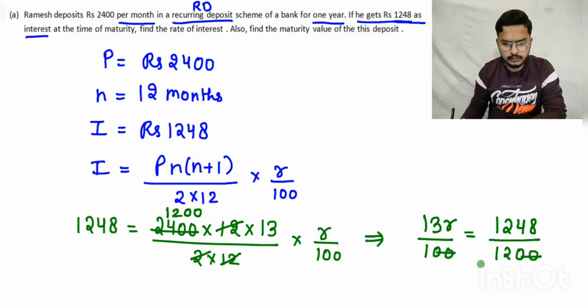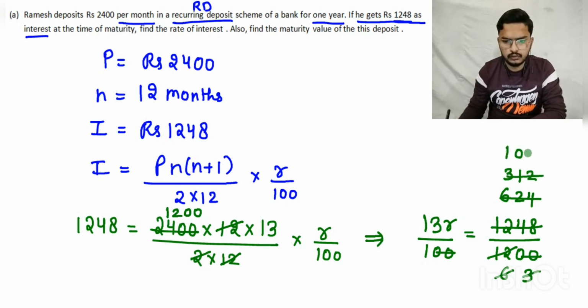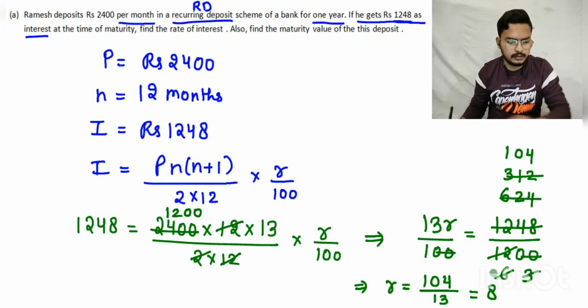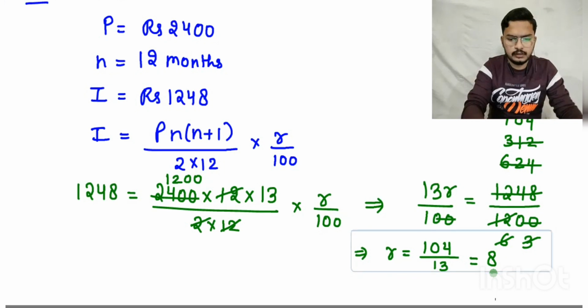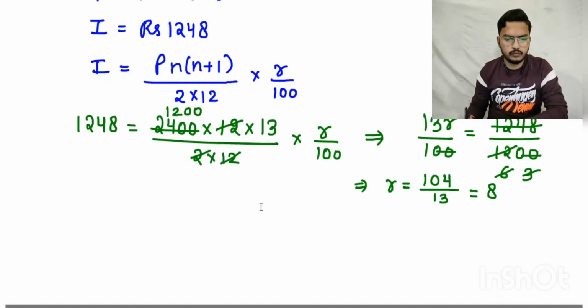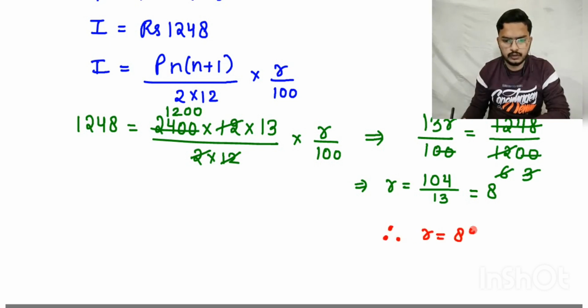This double zero cancels this double zero, just cancel this by 2, 2 6, 2 6 2 4, then again 2 3, that is 3 1 2, and again cancel this 3 1 0, and that is 4. So this is exactly R is equals to 104 divided by 13. When you divide this by 13 you will get 8. So this is exactly the rate of interest, 8%, right? So your answer is R is equals to 8%.